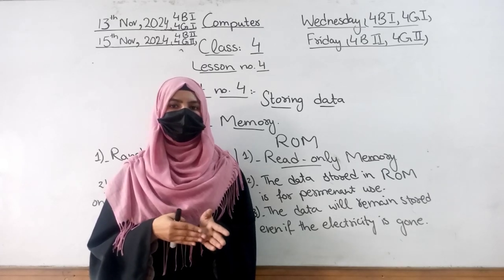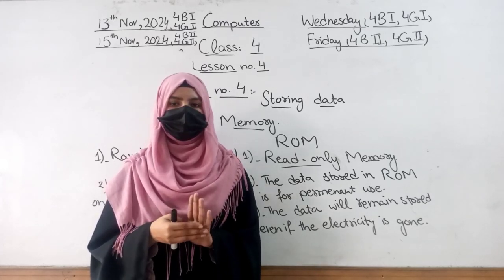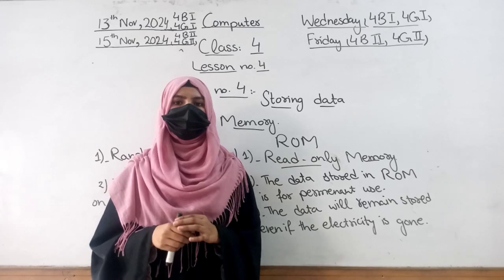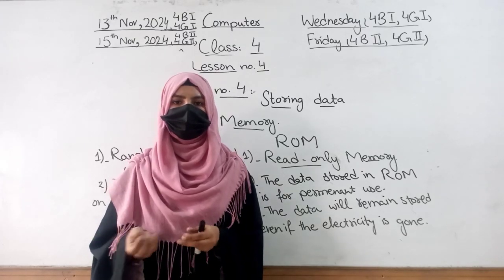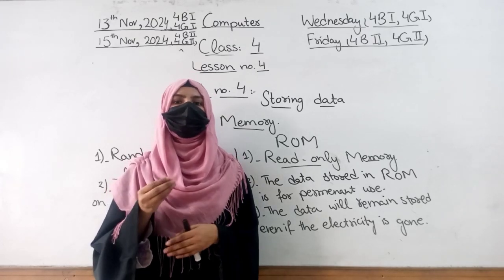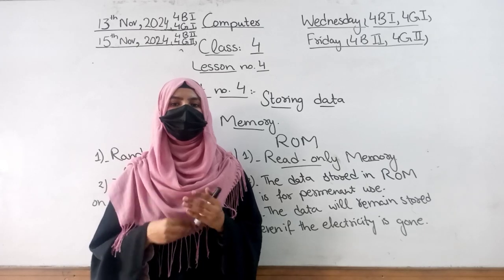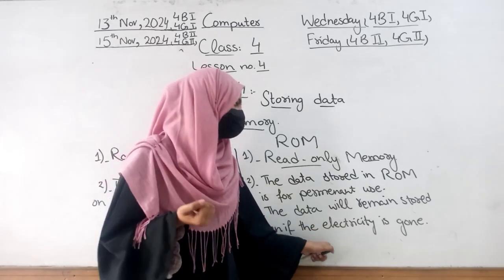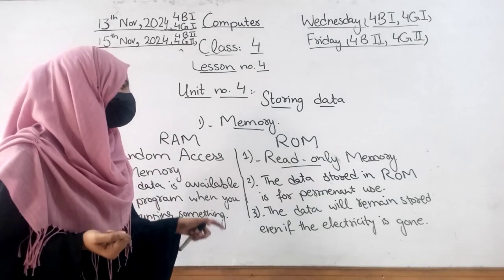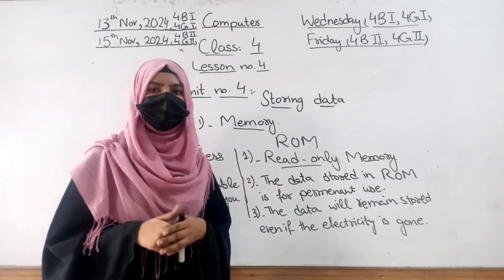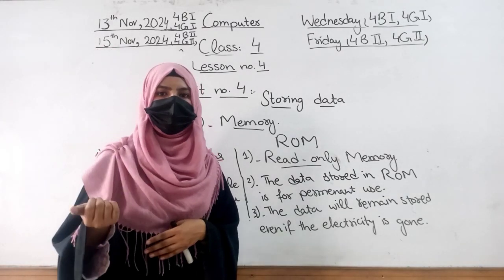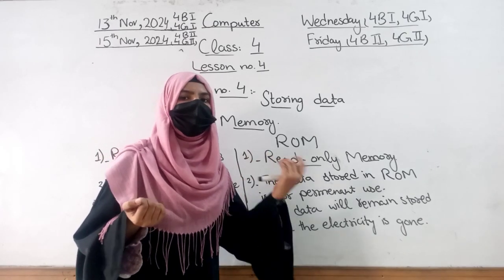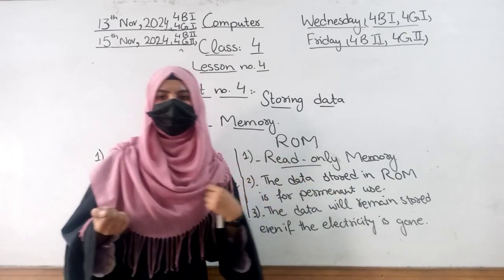Your story will remain stored in the ROM, in the permanent memory of the computer. So this is the difference between RAM and ROM. RAM stores data for a temporary period, ROM stores data for a permanent period.